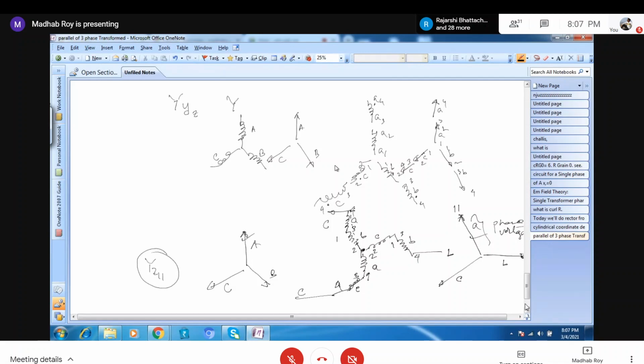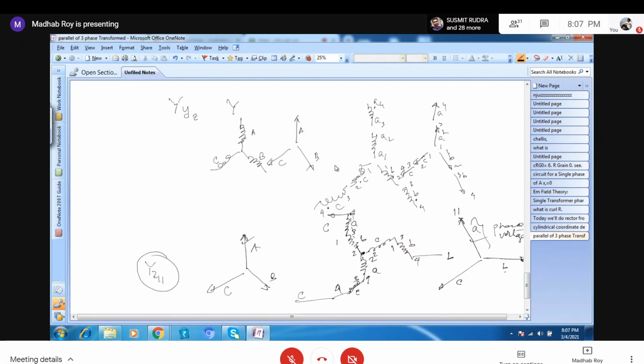So similarly, if we want to do, have you got it? YZ 11. How can we find the YZ 11? One connection is enough for understanding. So how have we made it? YZ 11. This is called the zigzag connection.